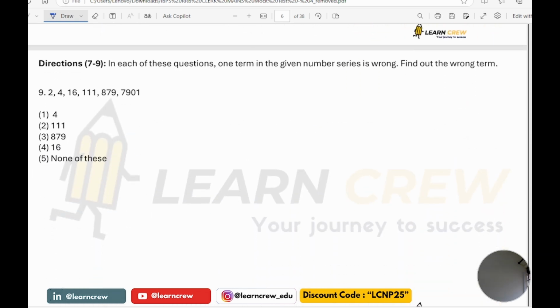Next: 2, 4, 16, 111. So if you see here, 2 times 5 is 10. 10 minus 6 is 4. 4 times 6 is 24. 24 minus 7 is 17. 17 times 7 is 119, minus 8 is 111. 111 times 8 minus 9 is 879, which is correct.